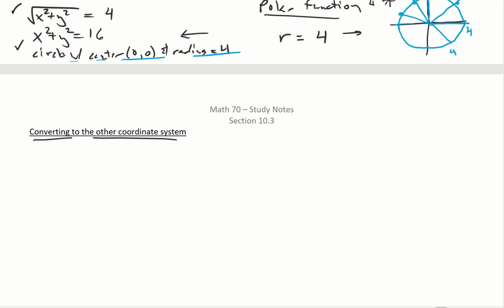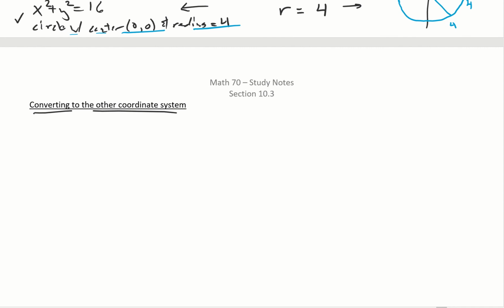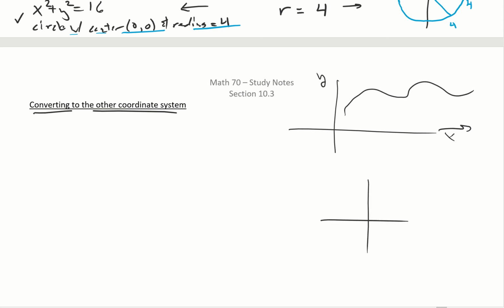Anyway, the polar coordinate system is interesting because in the xy system, x just goes forever this way and y does its thing, whatever value you get. But in polar, the independent variable theta just goes in this direction. If it's positive, it can also go negative.